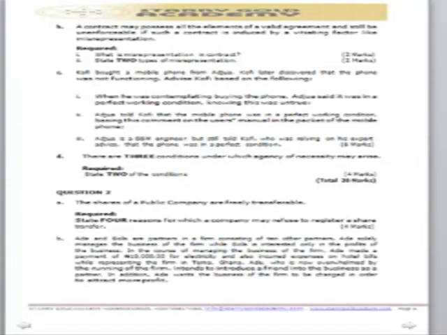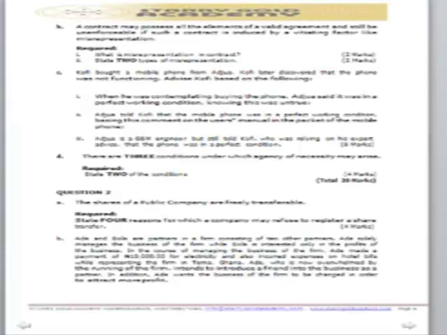And also, if you look at the B aspect of the second question, it says "required". So that means what you have to answer under this. It's talking about misrepresentation. It says, what is misrepresentation in contract?